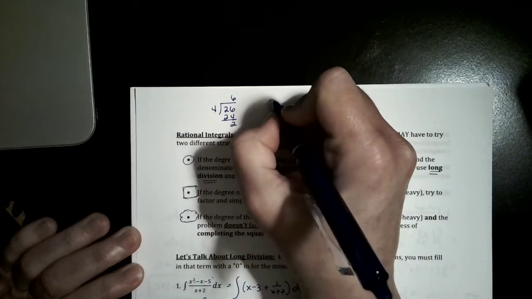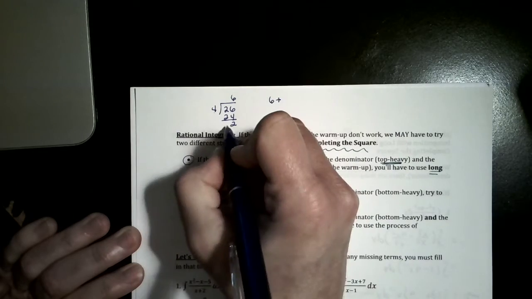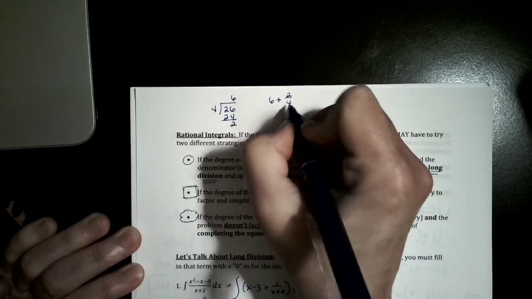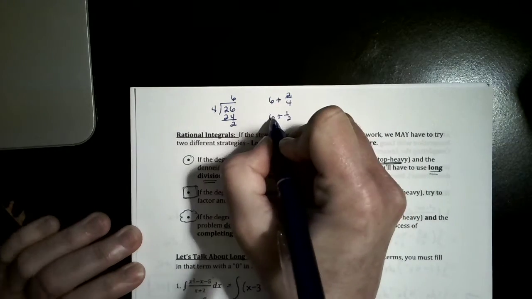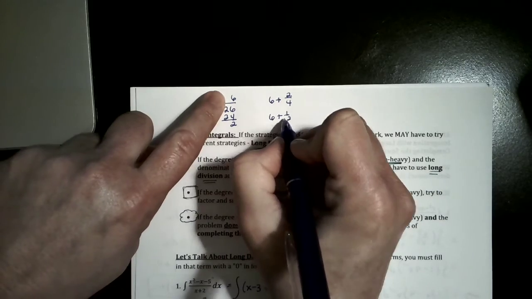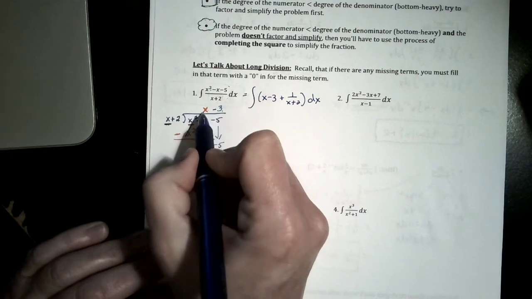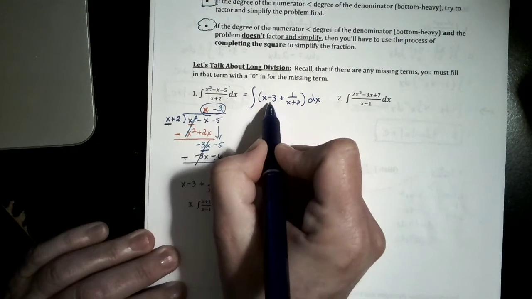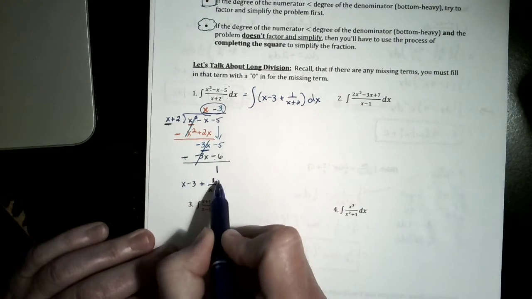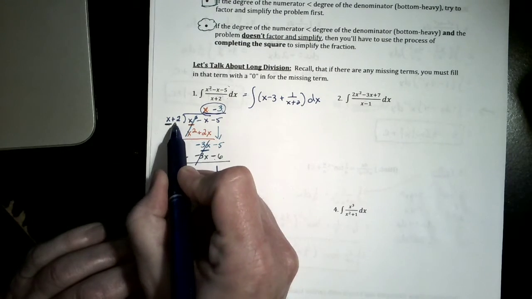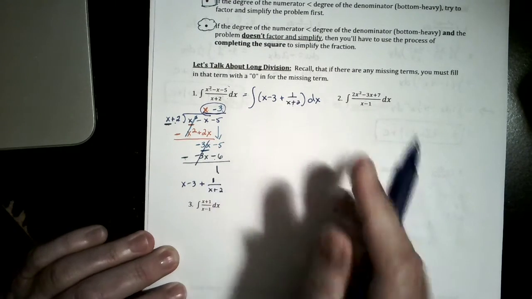So that means that it's 6 plus 2 divided by 4. It's 6 plus 1/2. It's our answer from the top plus our remainder divided by our divisor. That's all I did here. Our answer from the top, which is right here, plus the remainder divided by our divisor, 1 over x plus 2. That's where that came from.